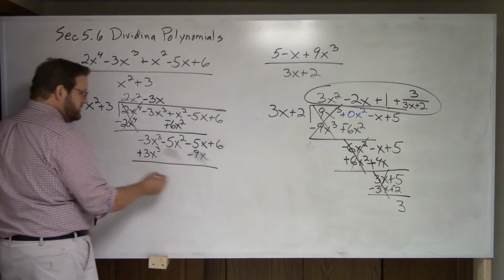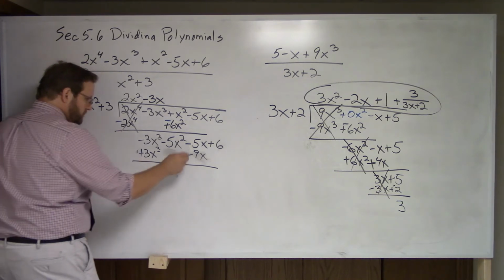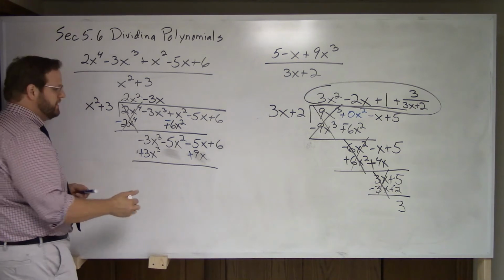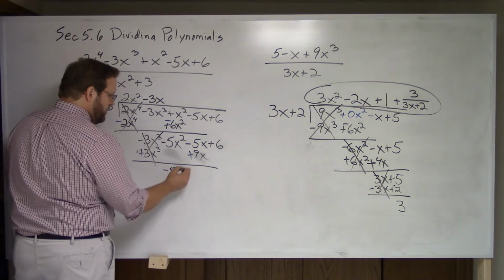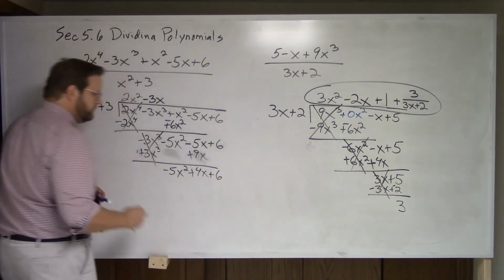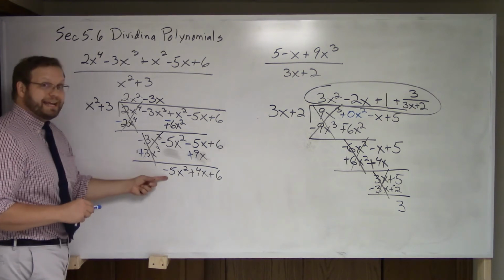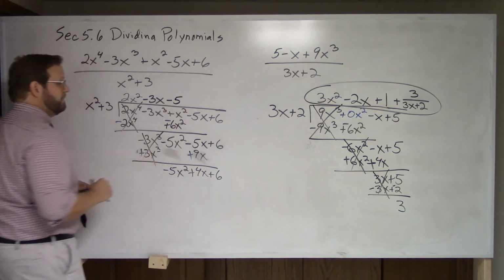Then I change the signs. Like so. Again, I'm not saying make it negative. I mean change the sign. Those cancel. I get negative 5x squared coming down plus 4x plus 6. Now the x squared needs to be a negative 5x squared, so I'm going to multiply by a negative 5.